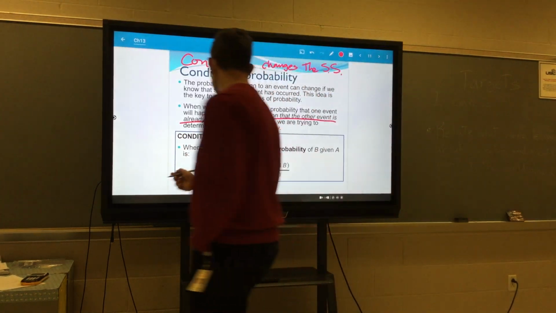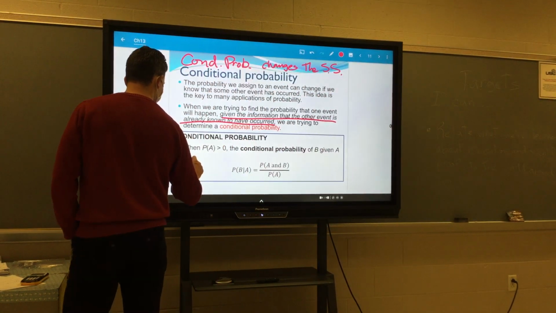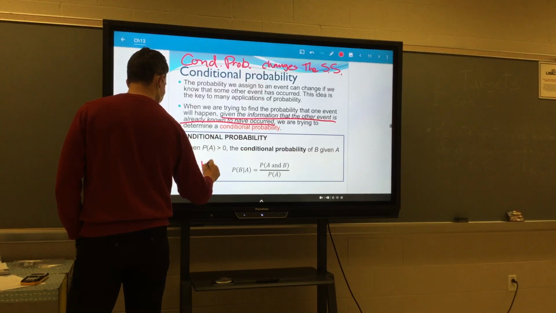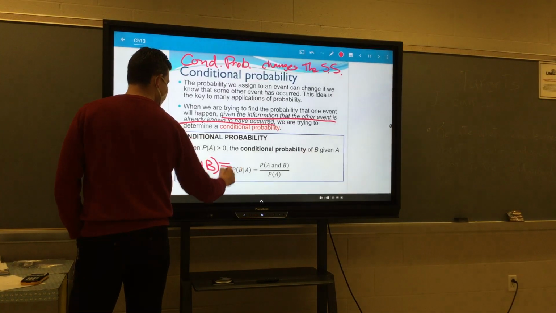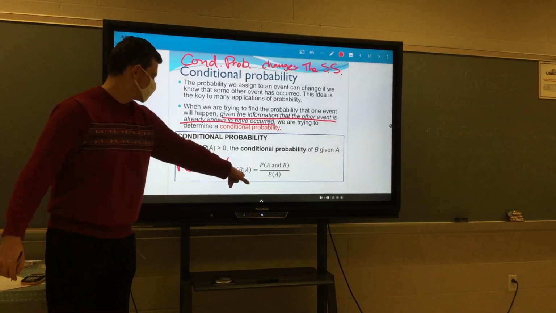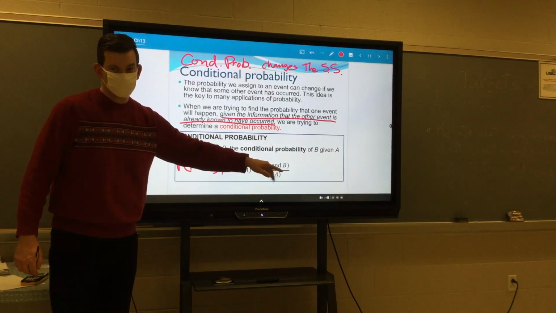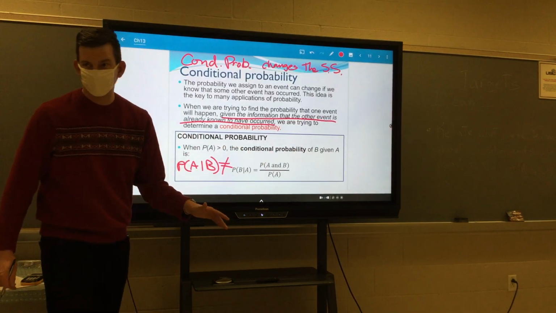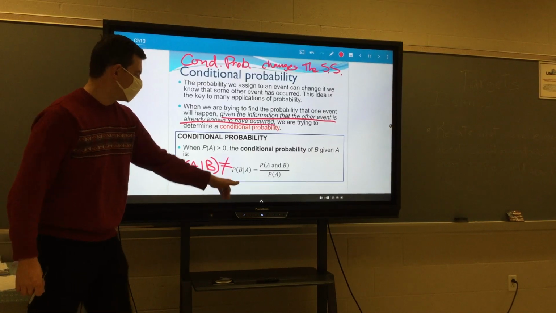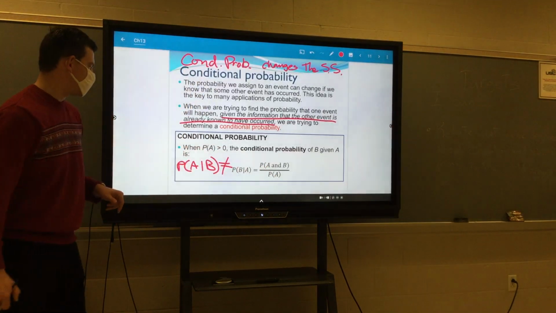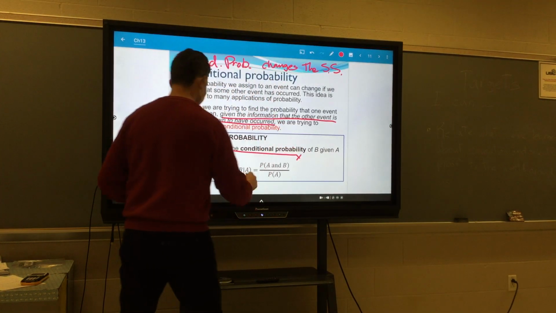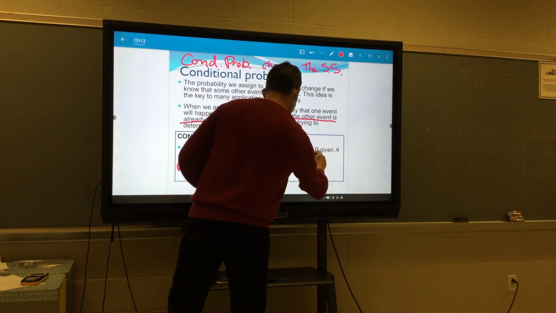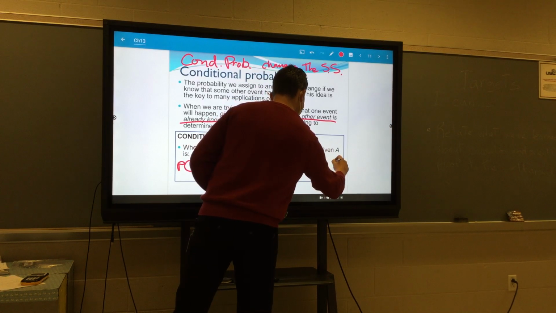If we were to switch this, and we wanted the probability of A given that B has occurred, that is not necessarily the same as B given A has occurred. In fact, they're probably not going to be the same thing. But the only change to this equation, you're still going to have the probability of A and B up top.